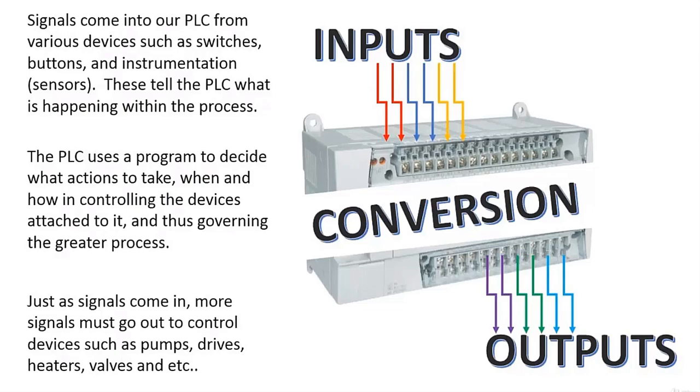And in the next lecture, we're going to be getting into what the different types of I/O are, how do we categorize them, how do we process them, and why we need the different types of I/O. In the next section, we'll get a lot deeper into digital inputs and outputs and analog inputs and outputs. And further into the course, we'll learn the various considerations to take when programming and handling those different signals.